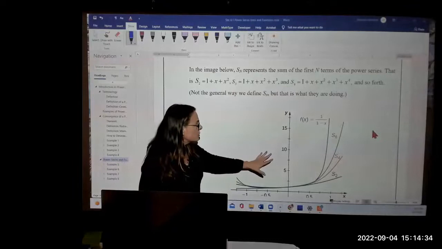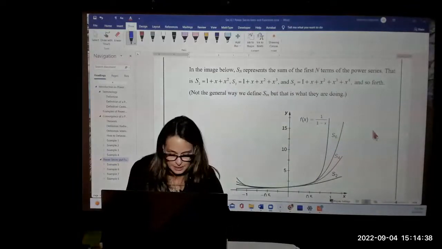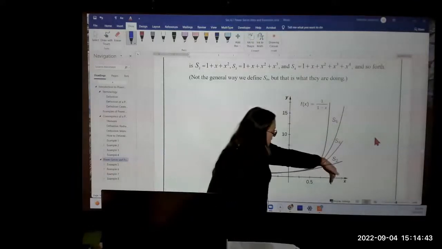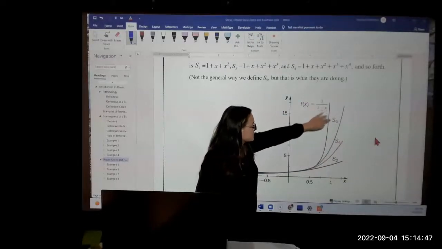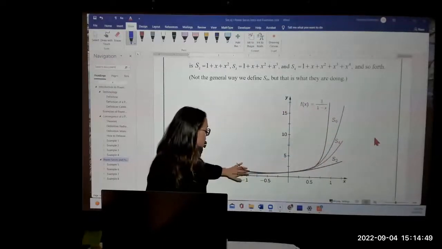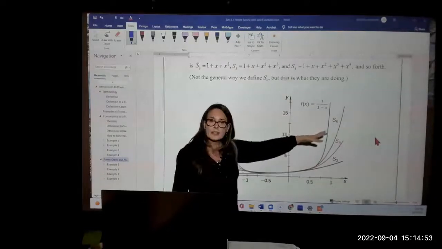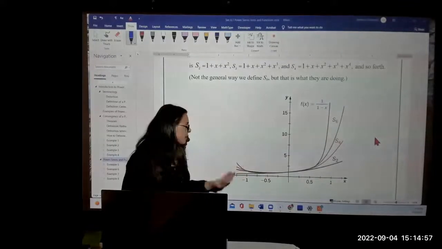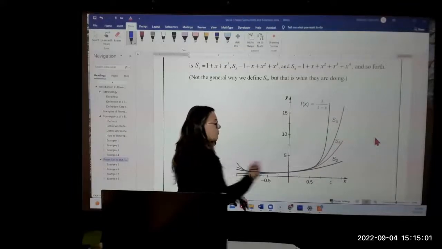And over here, you can see in this picture, we have the interval between -1 and 1, which is from here over to here. And the actual function, 1 over 1 minus x, is here in this dark blue color. And we can see that S2, S4, and S6 are relatively close to that graph when I'm on that interval between -1 and 1.